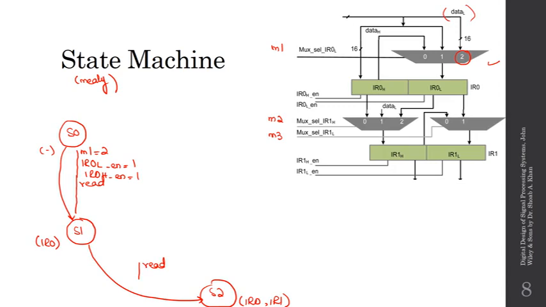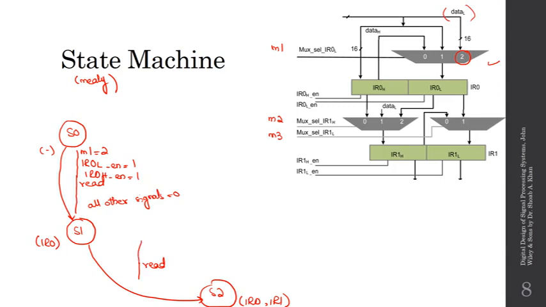As far as the rest of the signals are concerned, we can simply say that all other signals can be 0, because we are not going to save any data into IR1 right now.